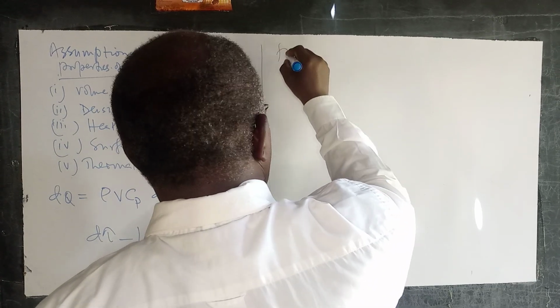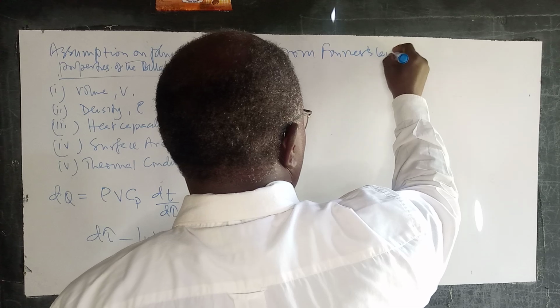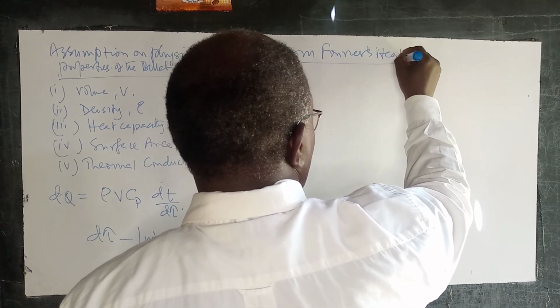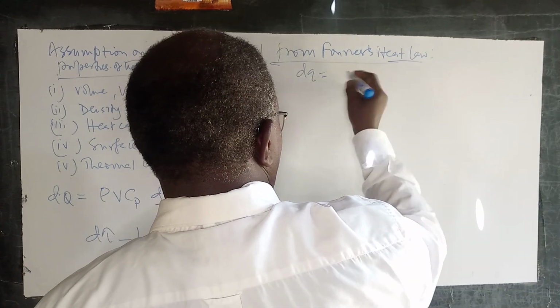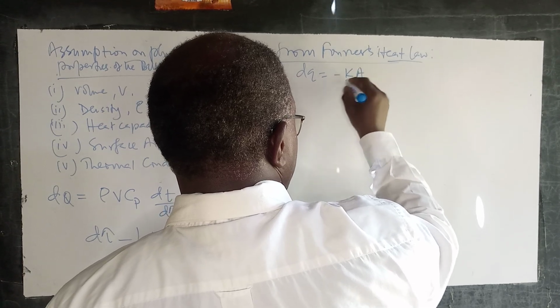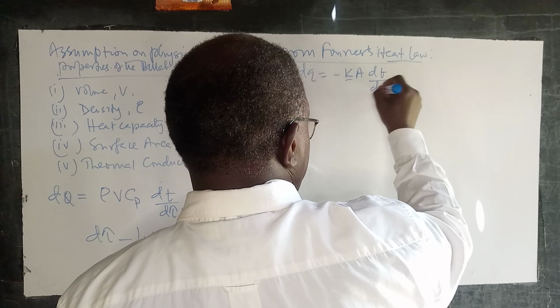Remember from Fourier's law, we say that dq was minus k, thermal conductivity, area, and then change in temperature.